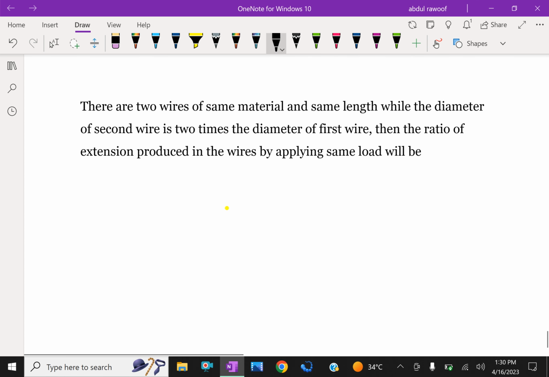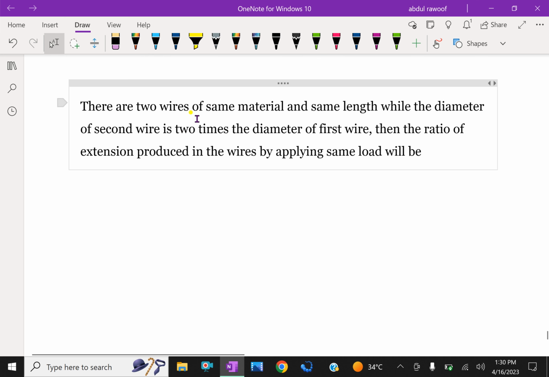One more question. There are two wires of same material and same length, while the diameter of the second wire is 2 times the diameter of the first wire. Then the ratio of the extension produced in the wires by applying the same load will be.